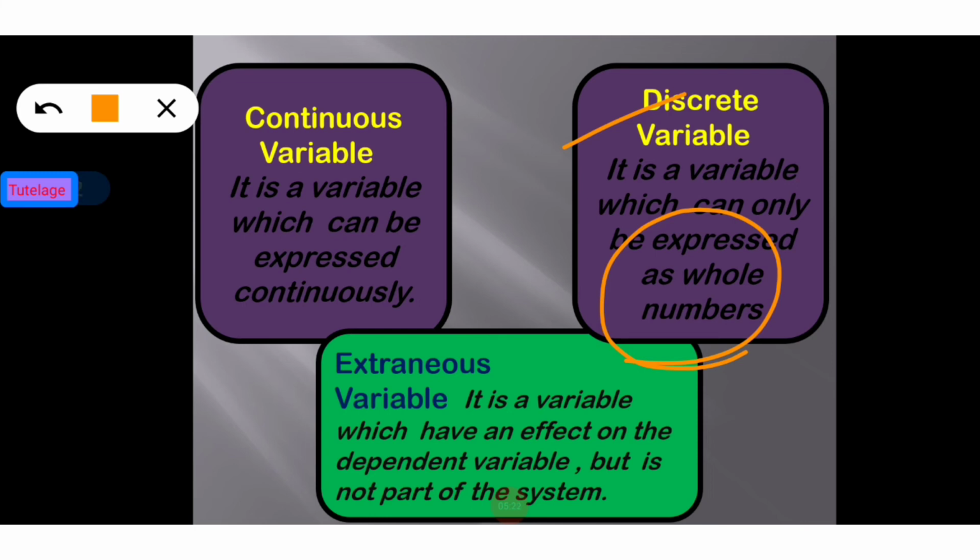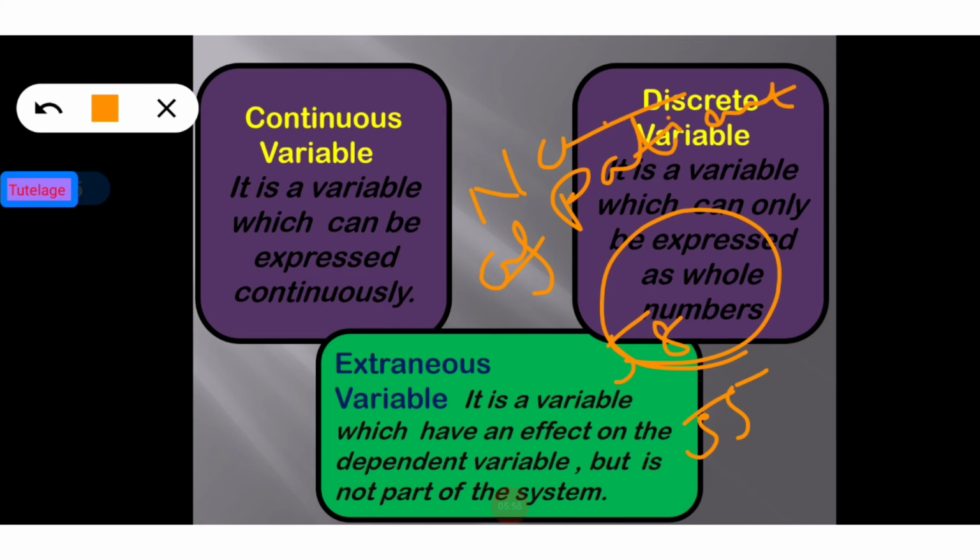An example of the discrete variable is the number of patients in the hospital. The number of patients in any hospital is 55 or 58 or whatever, but the number of patients is not 58.5 or 60.5, which would basically be continuous variables.